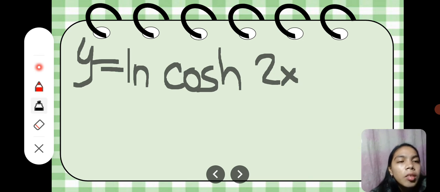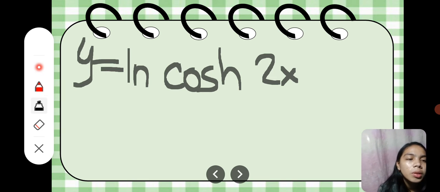For this one, we are going to use the formula for the differentiation of the logarithmic function, which is 1 over u du over dx.